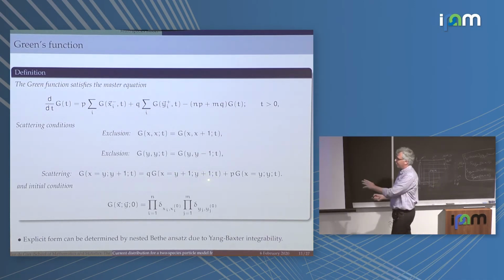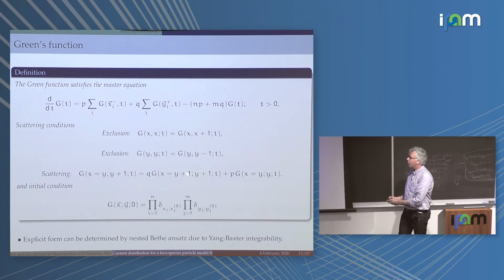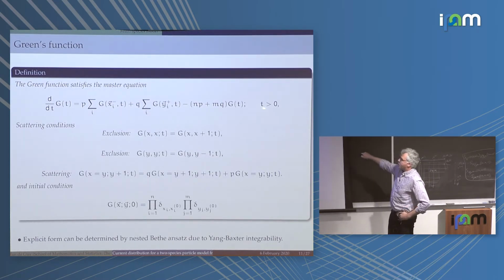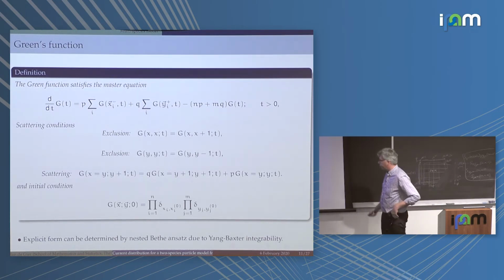That physically can't exist, but you continue the Green's function and just put the coordinates equal, plus p times this value of the Green's function, right? So basically what you need to do is solve this Markov chain equation with these 3 conditions to incorporate the interaction between the particles.